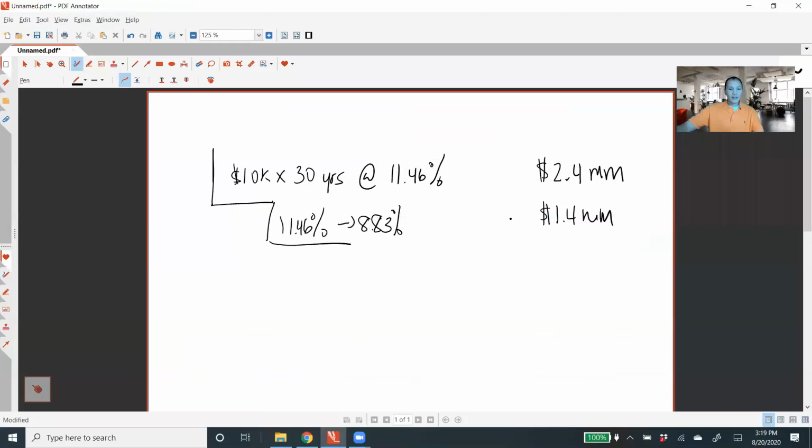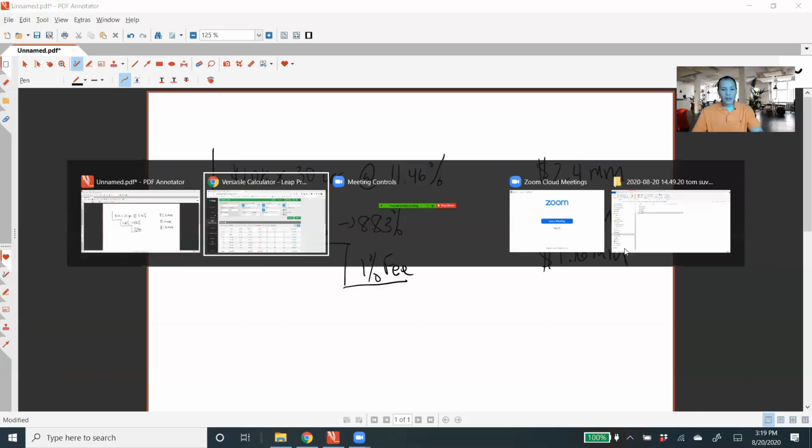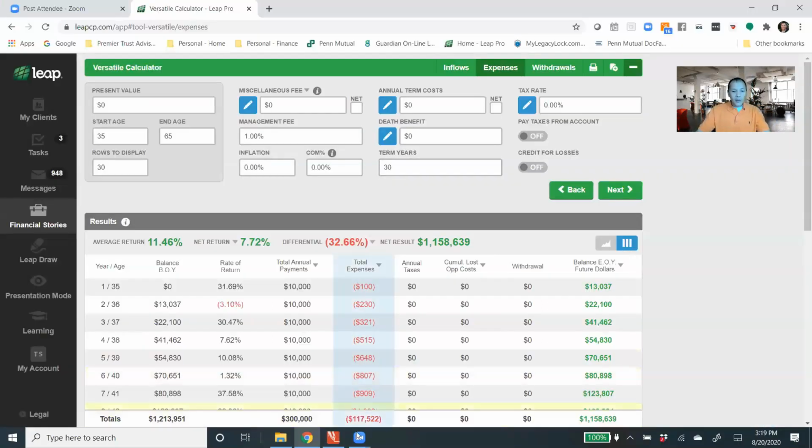So let's look at that. A 1% fee goes to now 1.16 million. So you had $117,000 in fees, but you lost nearly $300,000 of value.